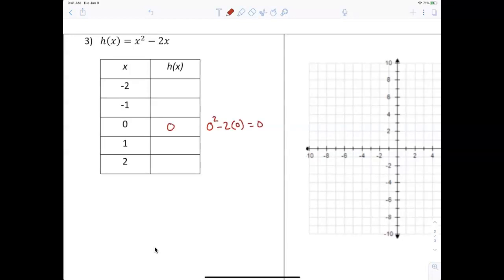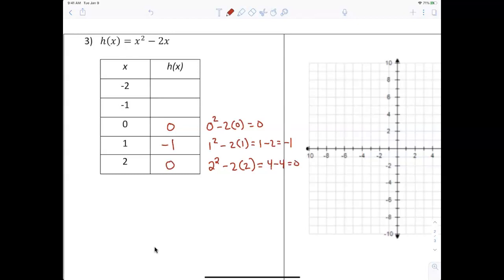Now I'm going to plug 1 in. 1 squared minus 2 times 1 is 1 minus 2, which is -1. Now when you plug 2 in, 2 squared minus 2 times 2, 4 minus 4 is 0.